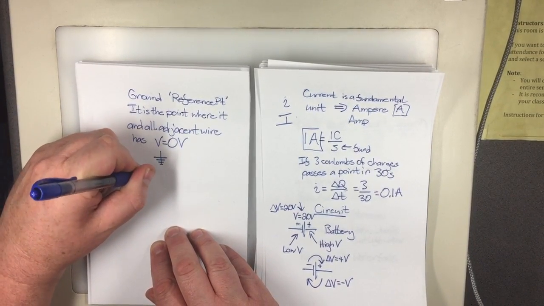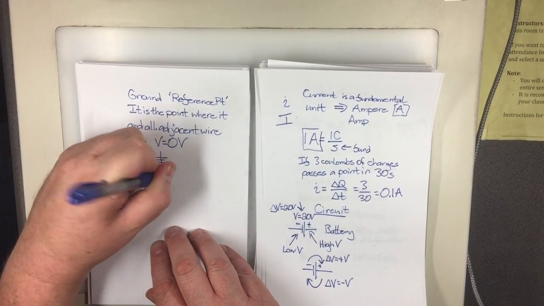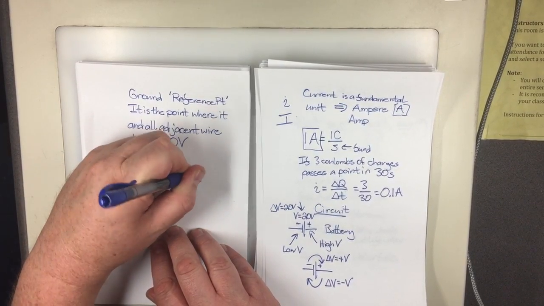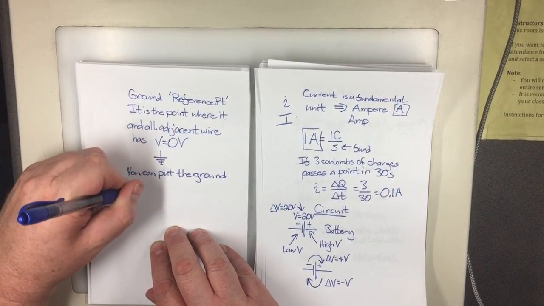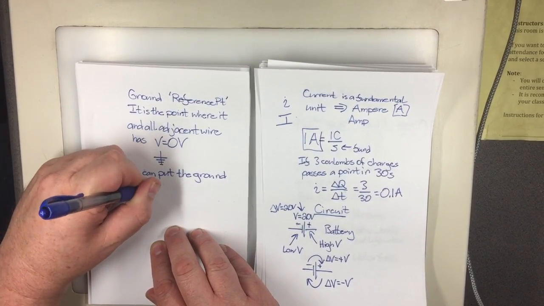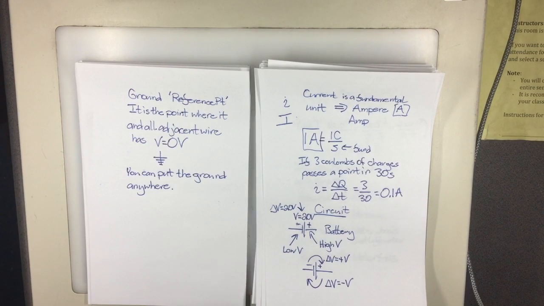You can put the ground anywhere. Just like I told you when you were doing 1D and 2D motion, you could put the origin anywhere you want. But what do we know about how I pick my reference points? I put it in a very sensible location.